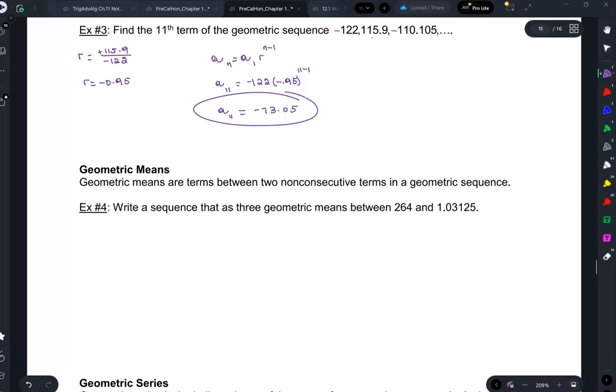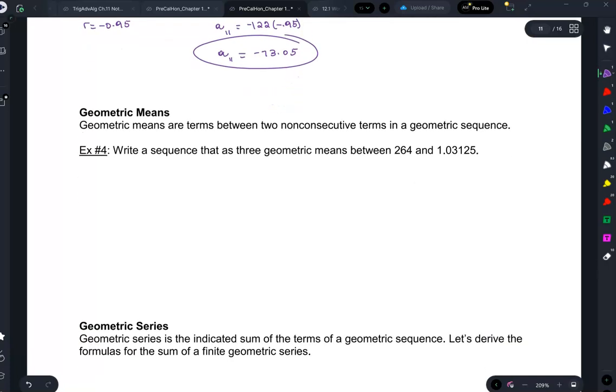Right, so we talked about arithmetic means. Geometric means are the same thing. They are the terms between two non-consecutive terms in a geometric sequence. So same thing, right? So let's see, write a sequence that has 3 geometric means between 264 and 1.03.